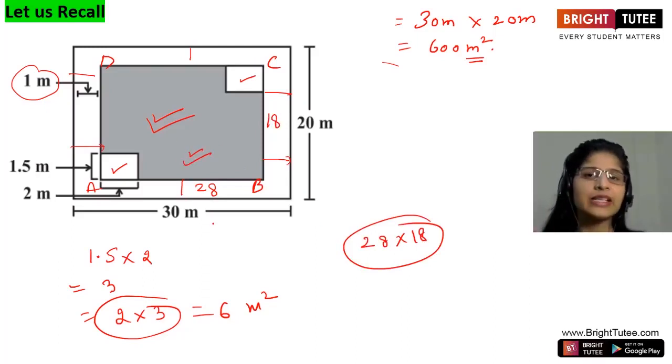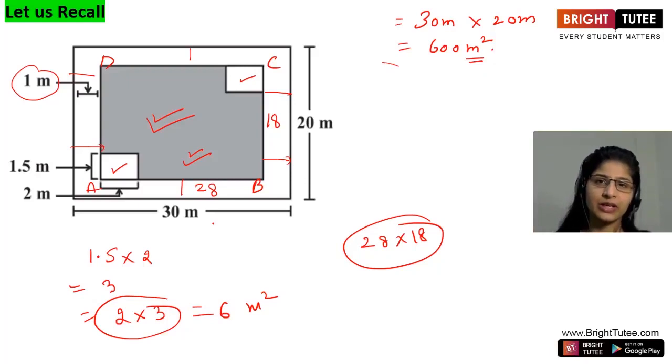Is that clear? Like this we were finding out the areas of inner and outer regions. Suppose we have to calculate the area of the path. From the outer area, that is 600 square meter, we can subtract this garden's area, that is 28 into 18, and we will get the area of that path, which is 1 meter wide all around. Now we have found the rectangular beds also. Suppose we consider them as tiles.